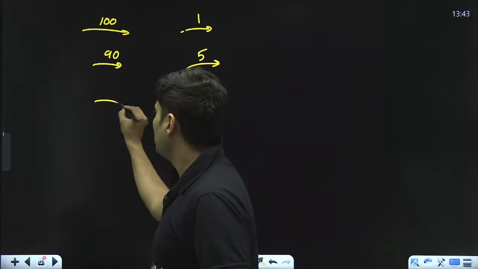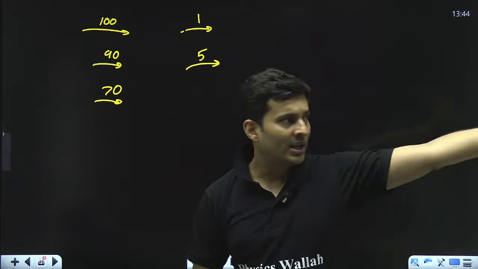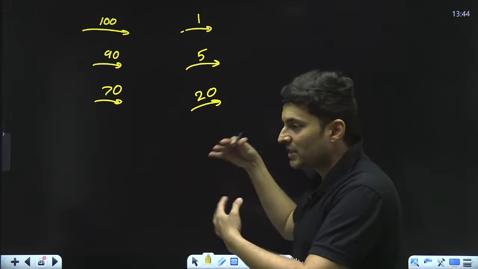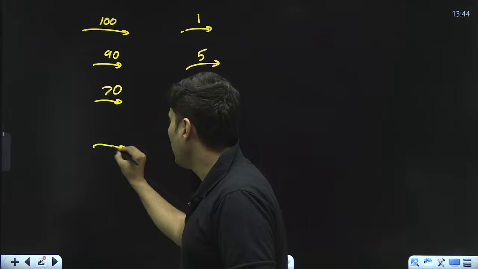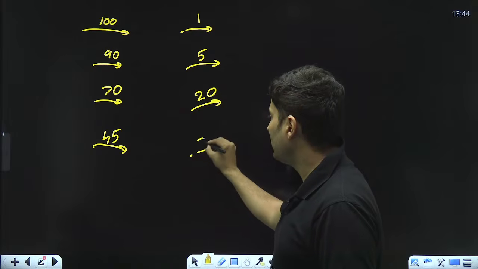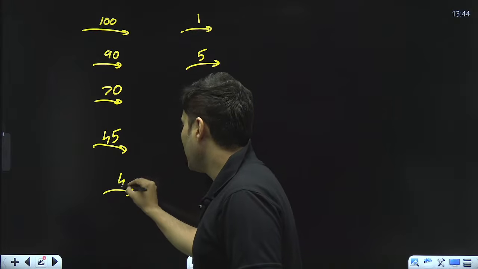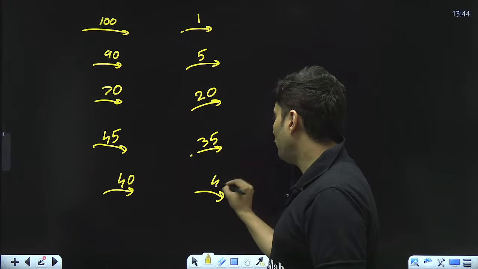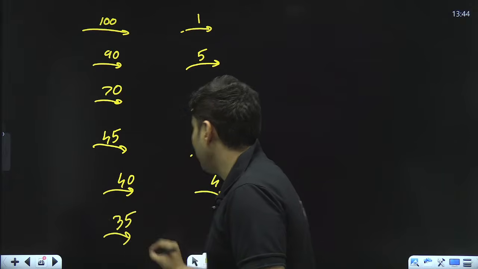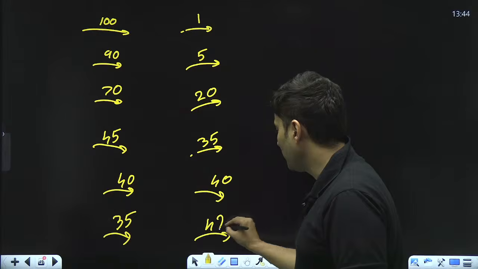Time progresses. I am getting 70 eggs from some hen or something, and to some other person I am giving, let's say, 20 eggs. Now this process continues, and let's say now I'm getting 45 eggs over here, and I am giving over here, let's say, 35 eggs to the next person. And eventually what happens? I get 40 eggs from here and I give 40 eggs to the next person, and then it reverses. This becomes 35 and this becomes, let's say, 42.